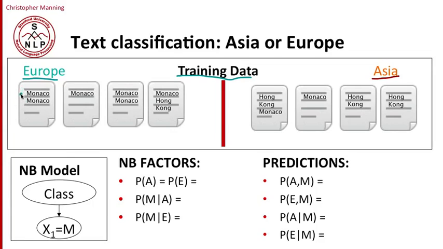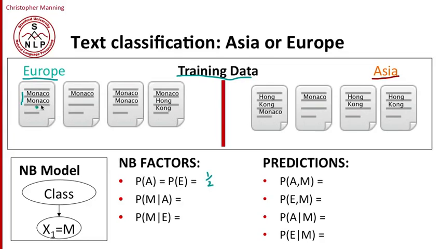In the documents, we're just looking at instances of those words. In the first document, there are 2 instances of Monaco and no instances of the other 2 words in my vocabulary, which are Hong and Kong. If we look at the overall statistics, we've got 4 documents from each class, and 8 documents in total, so the prior probabilities of Asia and Europe are half each.